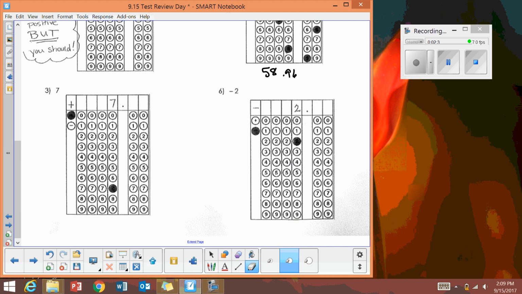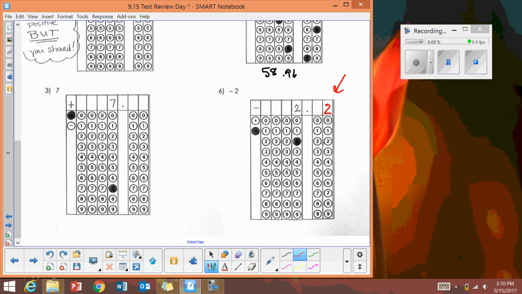The other thing that I want to point out is this. A lot of students ask me, do I have to write the numbers at the top in this section? Technically, no. So basically what happens is the computer does not read your handwriting. It reads the bubbles. Now, the reason why these are at the top is some students will accidentally put, let's say they're writing -2, they put the 2 here.